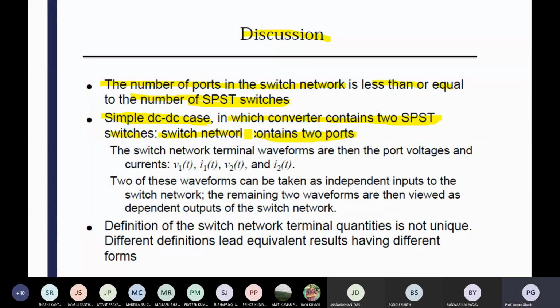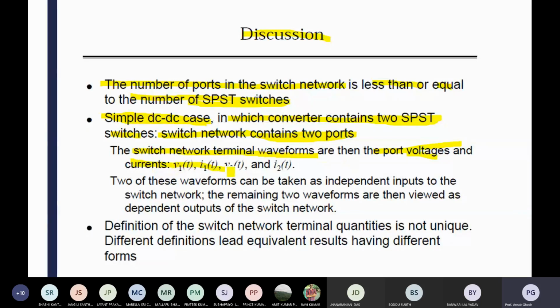Then, at the switch network terminals, the waveforms are the port voltages and currents: v1(t), i1(t), v2(t) and i2(t). Two of these waveforms can be taken as independent inputs to the switch network.